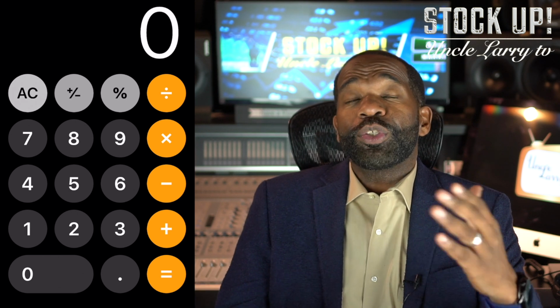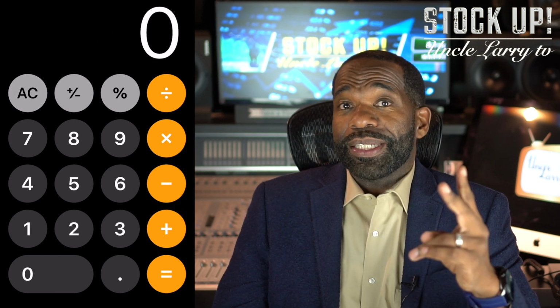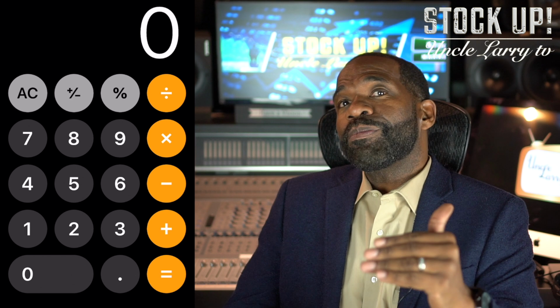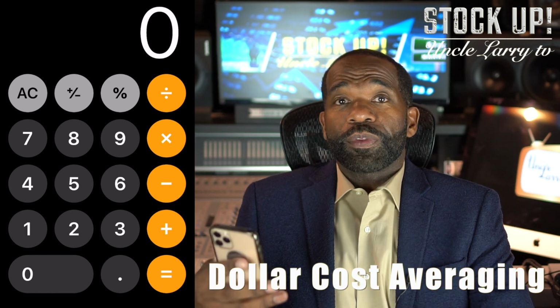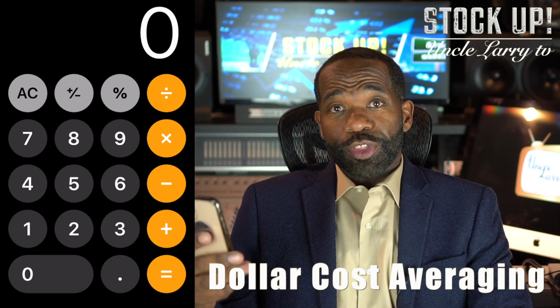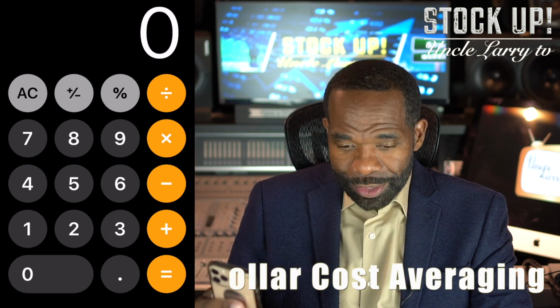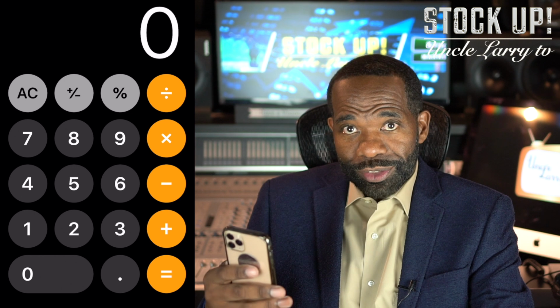So now you have 2 shares at $30 and 2 shares at $10. So now how much do you own the stock for? This principle is called dollar cost averaging. The first 2 you bought at $30 a share, the second 2 you bought at $10 a share.